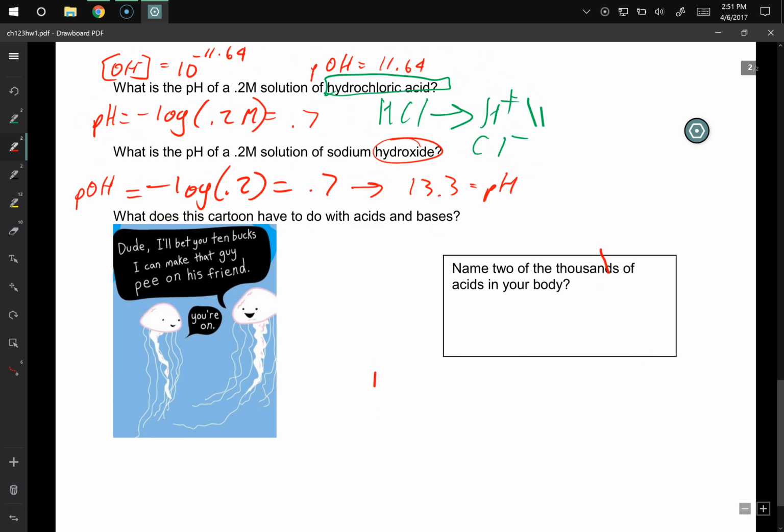Okay, how about this cartoon? It's only partially true. Why did they recommend it at one point?